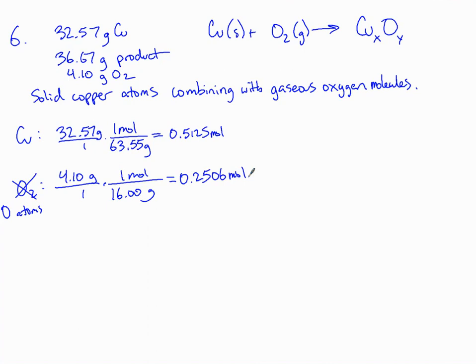There's more numbers. No, we'll stick with 4. Everything has 4 except for this one, and we calculated that one. So we're going to stick with 4. Okay. So we have about half a mole of copper. We have about 1/4 of a mole of oxygen. Here's how it's going to work.